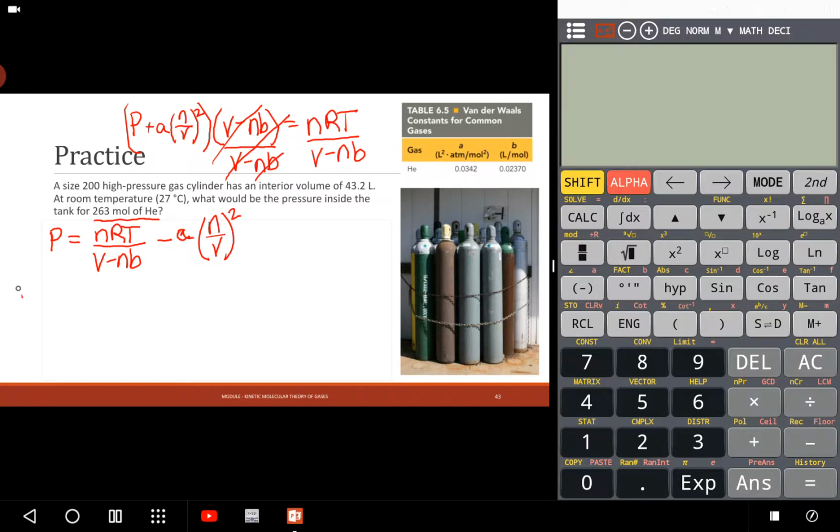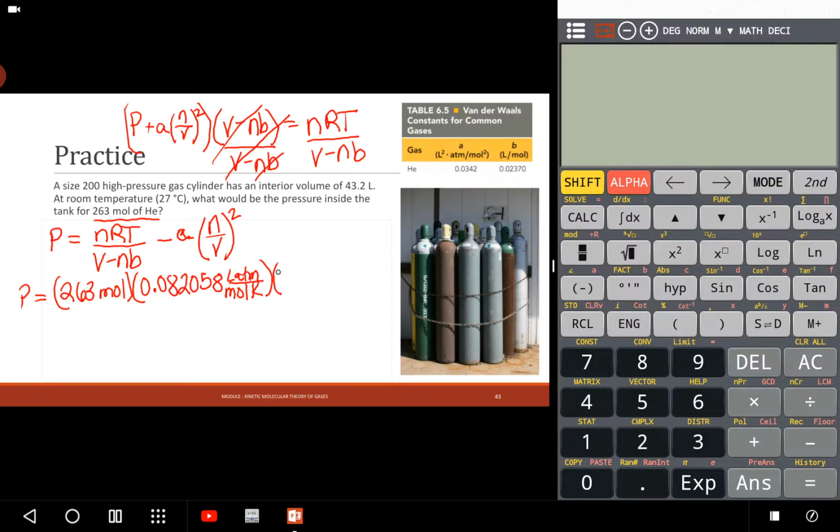And so my pressure is going to be equal to 263 moles. My R is 0.082058 liter atmospheres per mole Kelvin.